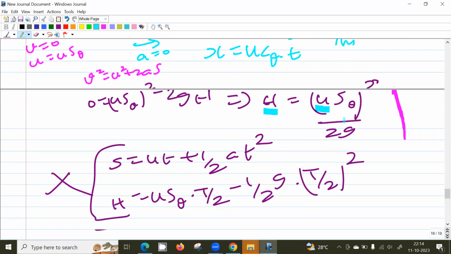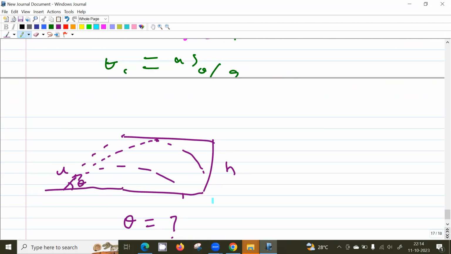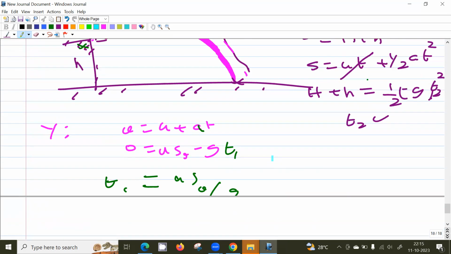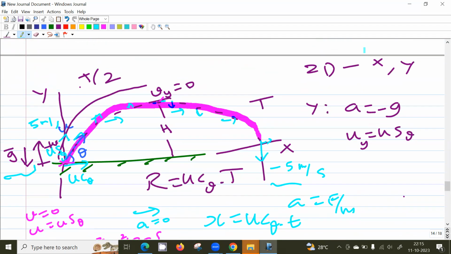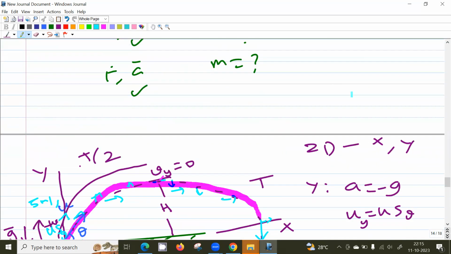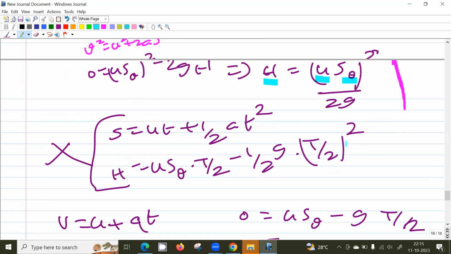So this is the room, and the height of the room is h, which will be given, and u is also given, and the maximum vertical height is the height of the room, which is known. So if I use this formula for height, h is known, u is known, so I can find sine theta. From there I get theta.